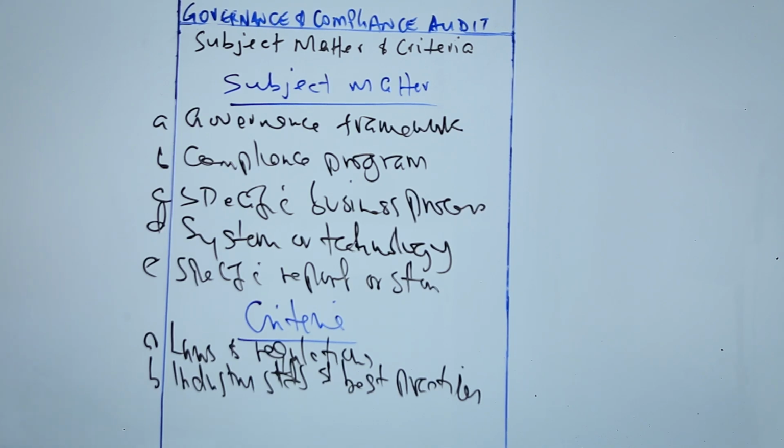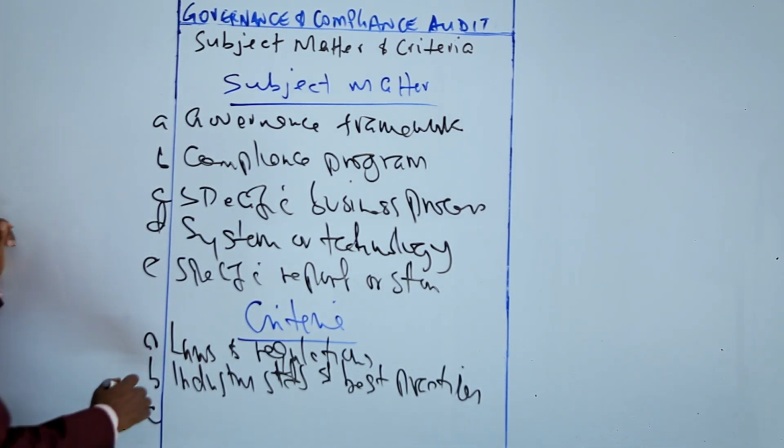And this could include a framework or standards like the ISO 27001, which is the Information Security Management. It could be COSO for internal controls and so on.